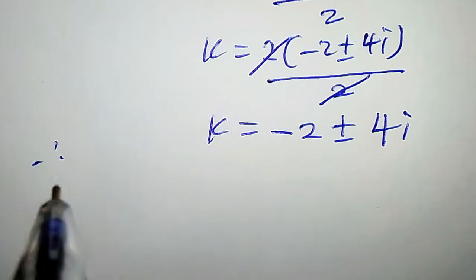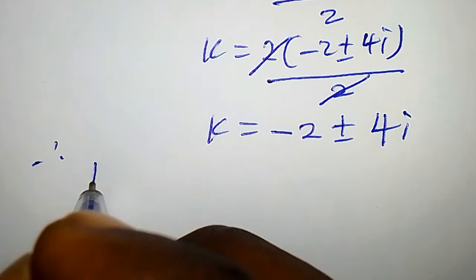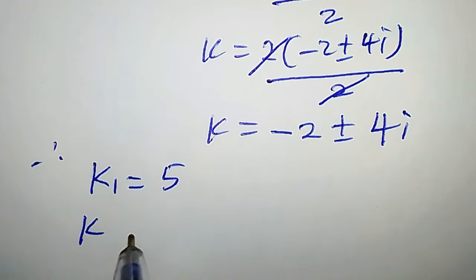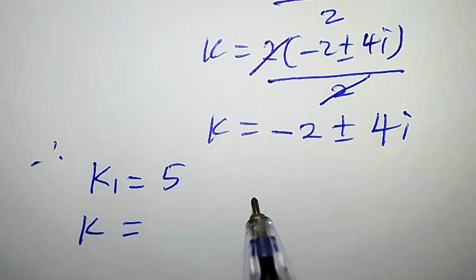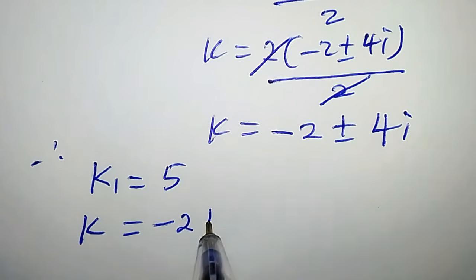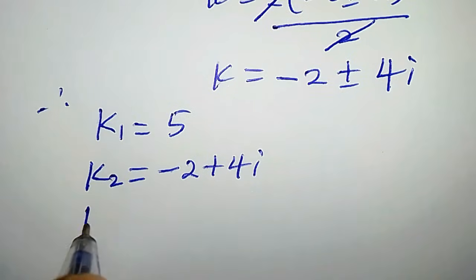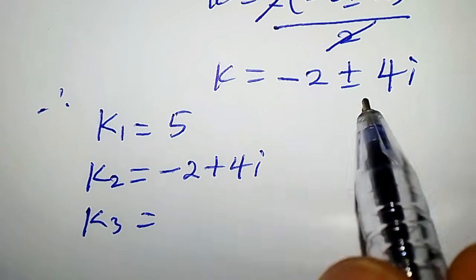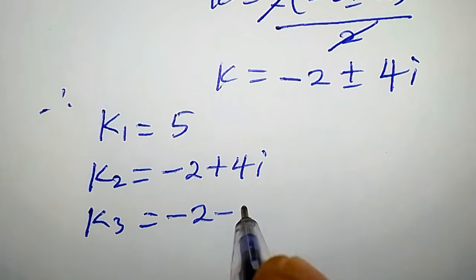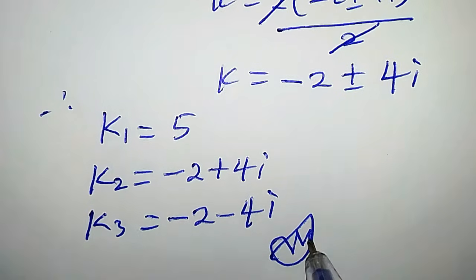So all the solutions that we have for this algebra problem are: the first one is K1 equal to 5. Considering the positive sign, we have K2 equal to minus 2 plus 4I. Similarly, K3 is equal to, considering the negative sign, minus 2 minus 4I. These are the three solutions for this algebra problem.